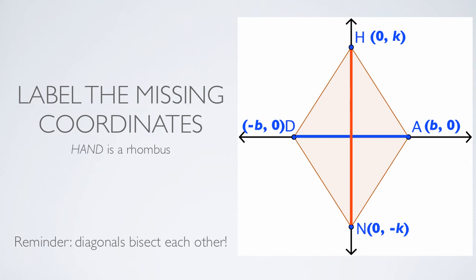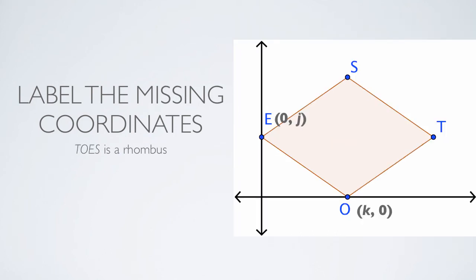Here's another way to look at rhombi. Let's say we had rhombus TOES, and point E is at (0, j). Point O is at (k, 0). That's enough information to fill in the other 2 points. Because O is k units from the origin, I know that the diagonal is 2k units long.